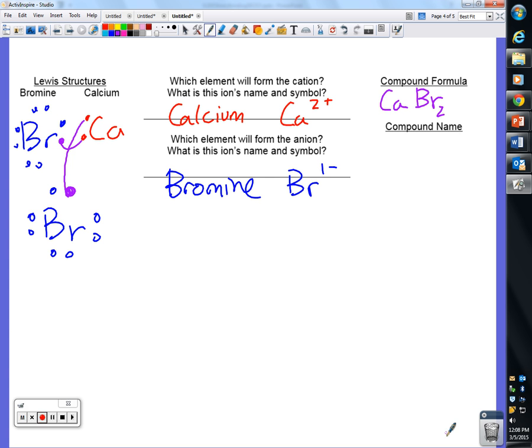Here, these superscripts we use for charges. These subscripts we use for how many of each element we need, or how many of each atom we need. Okay? Name. Start with the metal. Calcium. Second word. Bromide.